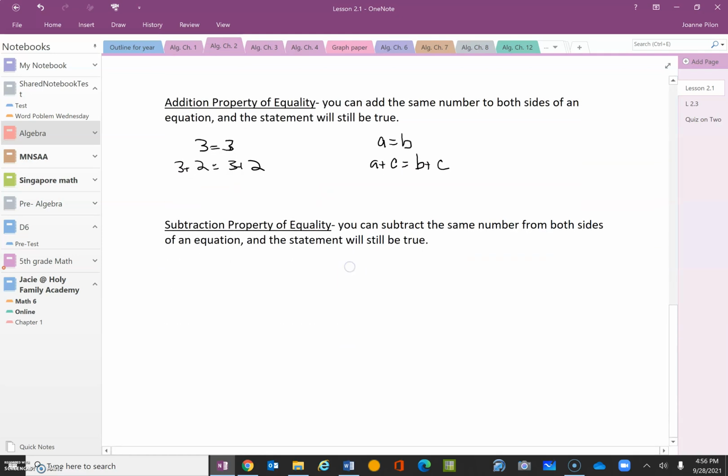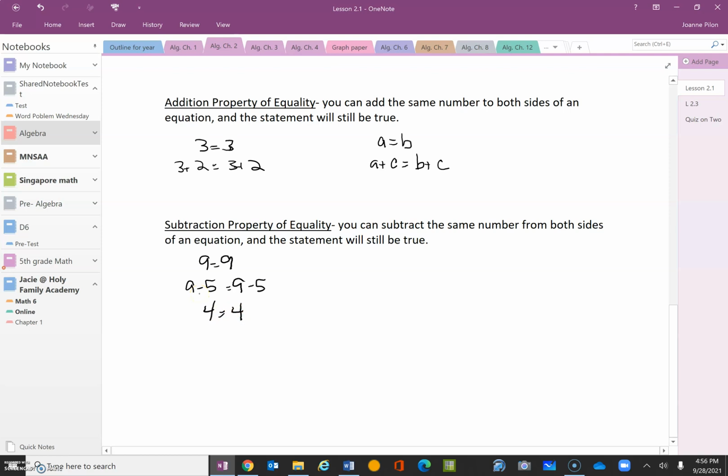The logic works on the subtraction property of equality, where I can subtract the same number from both sides of an equation and the statement would be true. I could start with 9 equals 9. Well, 9 minus 5 equals 9 minus 5, which means that 4 equals 4.